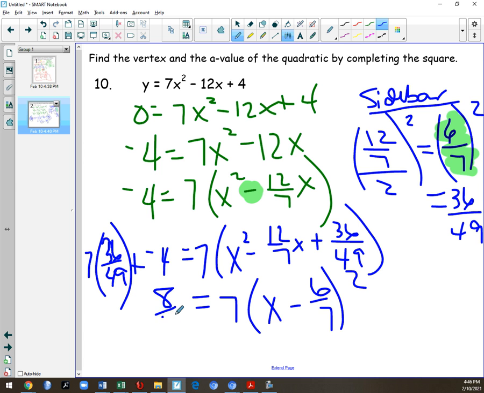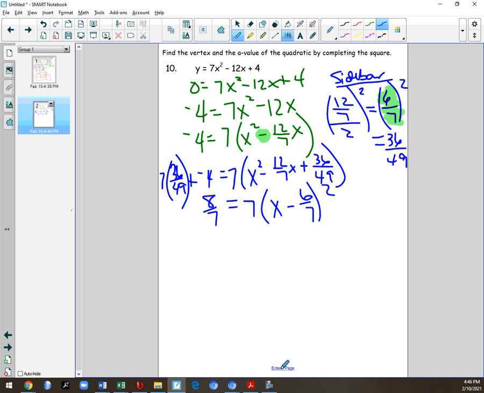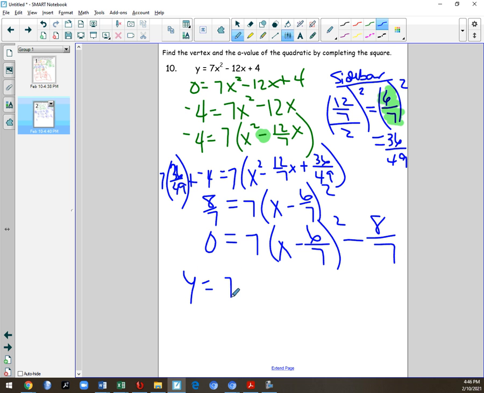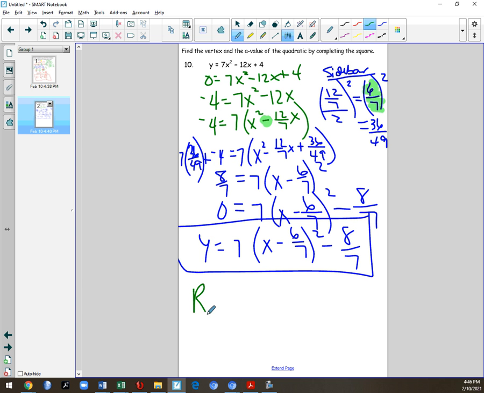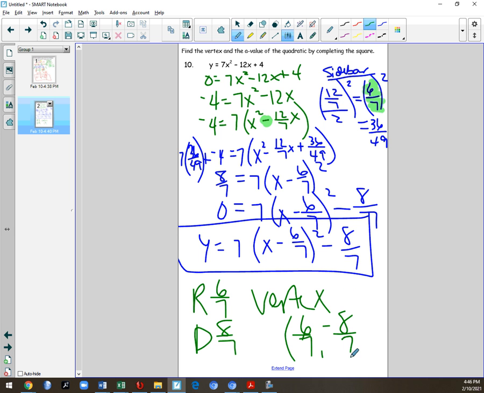Bring the 8/7 over by subtracting that. Replace 0 with y. There's your vertex form. What's happening to this is it's going to the right 6/7, and it's going to go down 8/7. So I have a vertex of 6/7, negative 8/7. And that will be your answer.